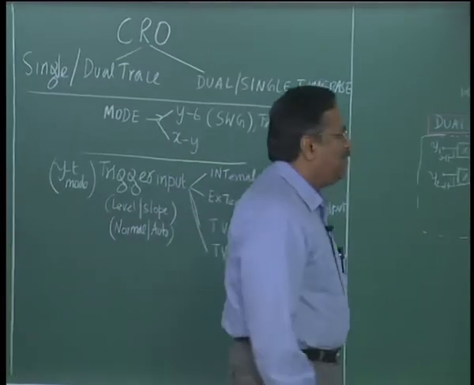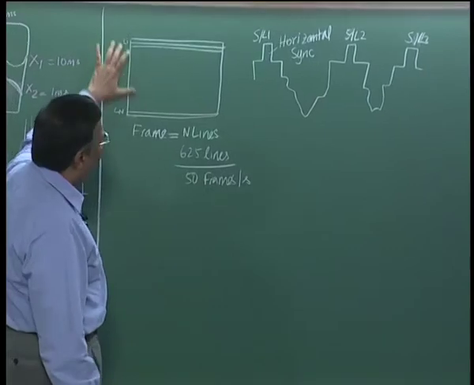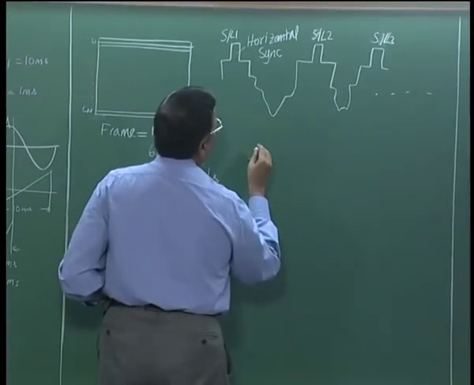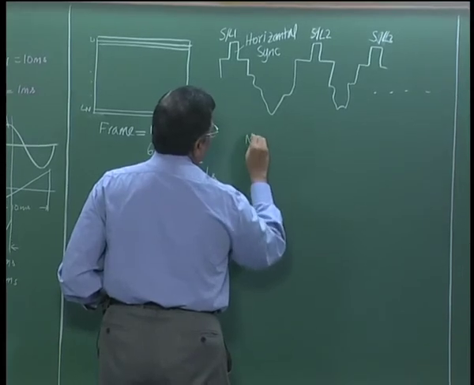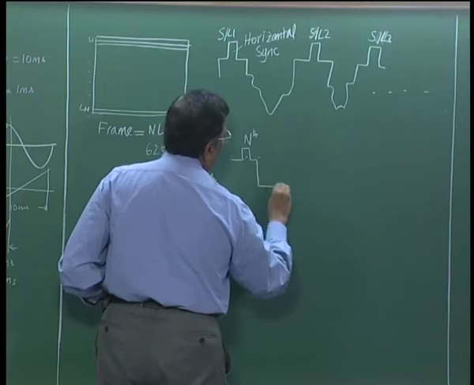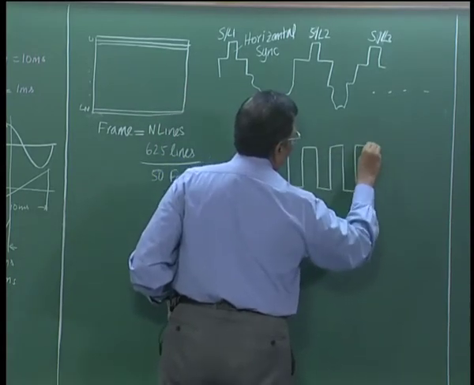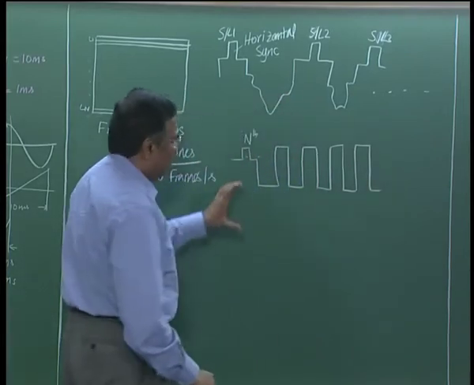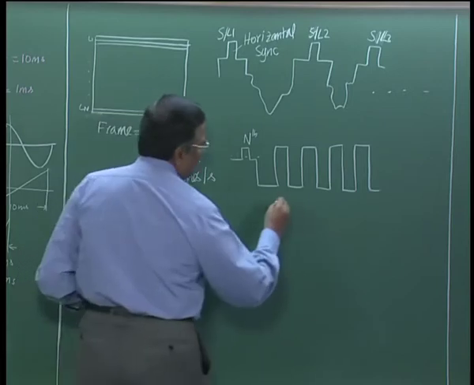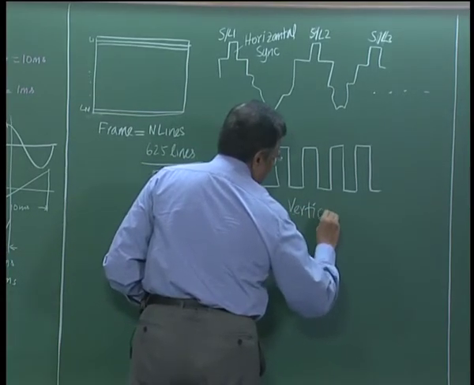Now similarly to the horizontal synchronization pulses, when all the n lines are finished, when the last nth line is finished, then we have a series of pulses comprising the entire magnitude. This is known as vertical or frame synchronization.